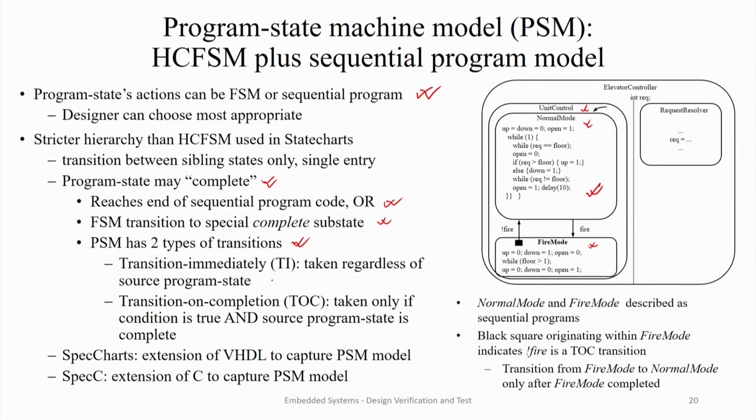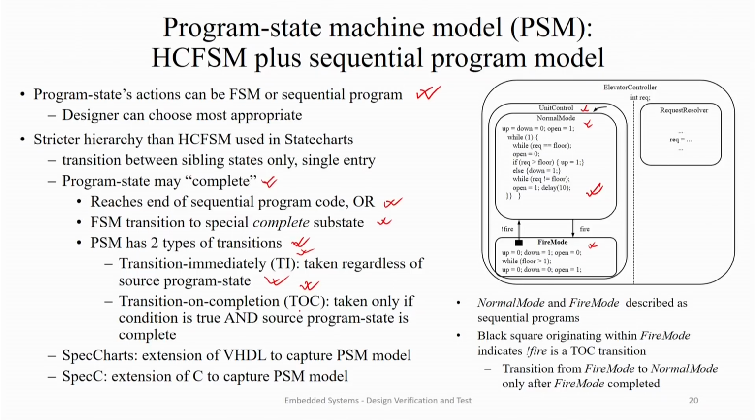One is transition immediately, TI, taken regardless of the source program state, or transition on completion, where the program completes. For us, in fire mode, the program completing will mean that you go to the first floor, and only then, if the fire is extinguished, after the program completes, you can move to the next state.